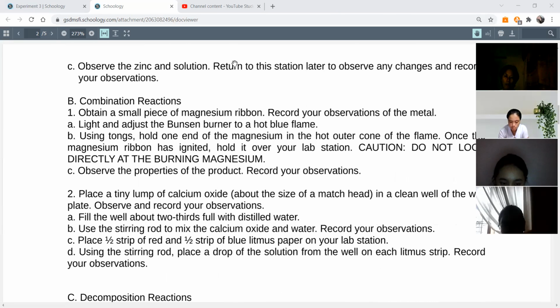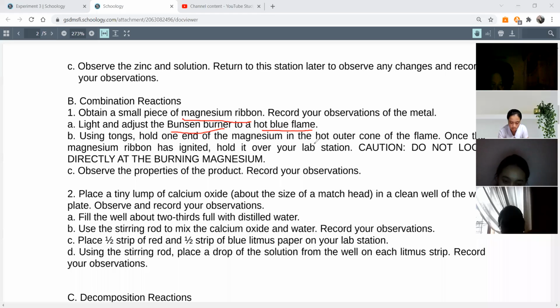And then for the combination reaction, we have two experiments here. The first one is with the use of magnesium ribbon, and the magnesium ribbon will be subjected to the Bunsen burner with a non-luminous or blue flame. So yun lang, susunugin si magnesium.